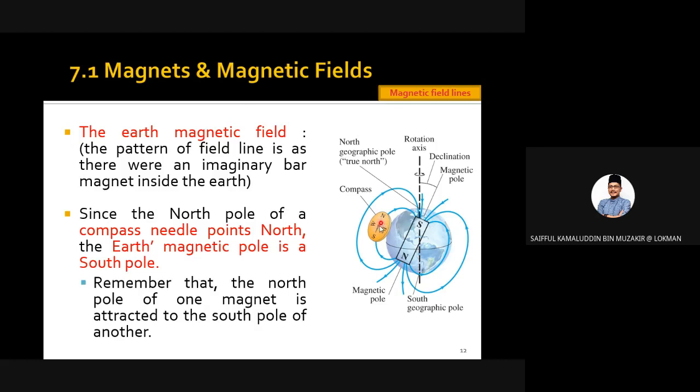The magnetic bar of the compass is suspended such that it will move freely, so it will follow the direction of the Earth's magnetic poles. See, the Earth's magnetic poles are like this. The magnetic field lines come out from the north and enter the south pole. Here we have the bar magnet for our compass. From the north, it enters the south magnetic pole of our compass. It comes out from the north magnetic pole of our compass and enters back into the south magnetic pole of the Earth.